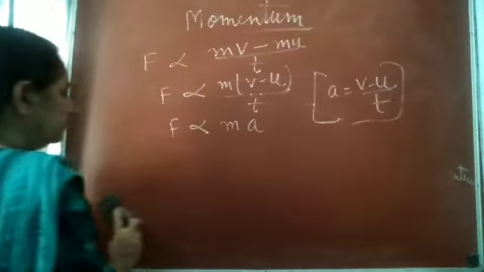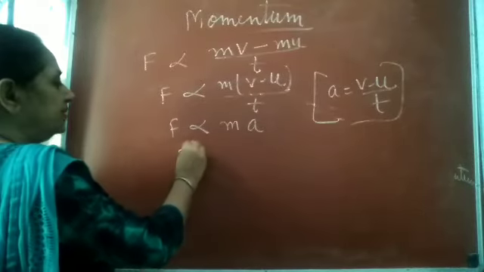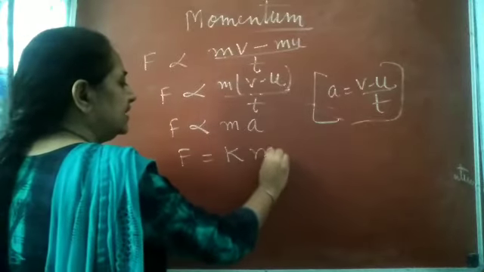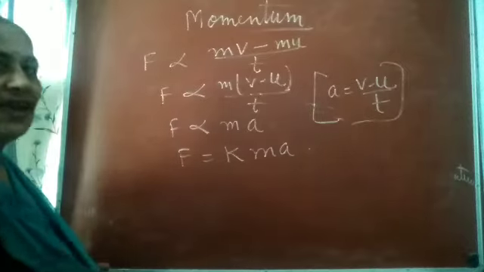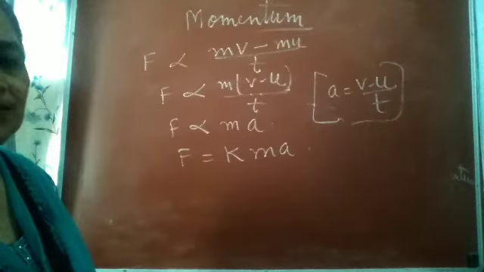Now if you want to remove this proportionality sign, you have to add a constant. So let us say F equals kma, where k is a constant.